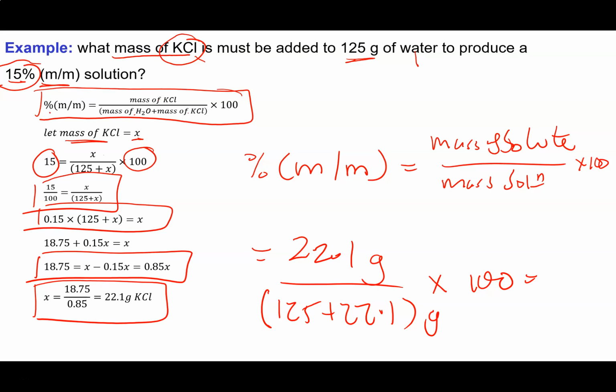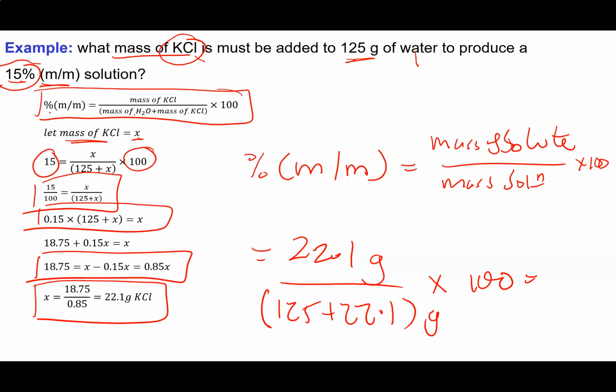Sure enough, I'm going to get 15. So 22.1 divided by 125 plus 22.1 times 100, and it ended up being like 15.1. So it was correct with the way we rounded for significant figures. It's totally fine. All right, so yeah, that works great.